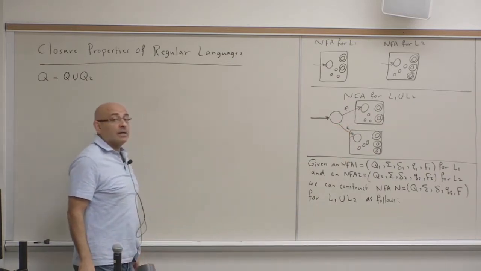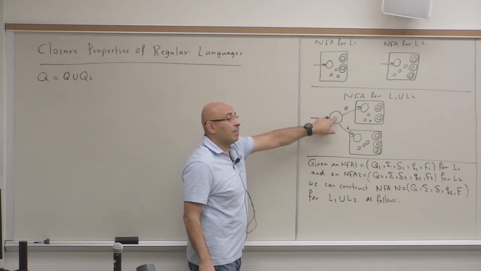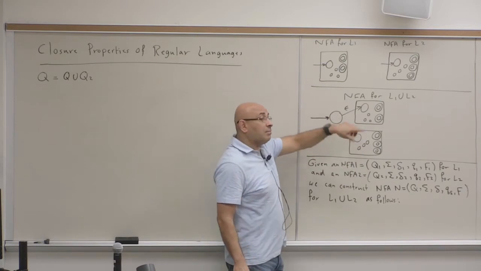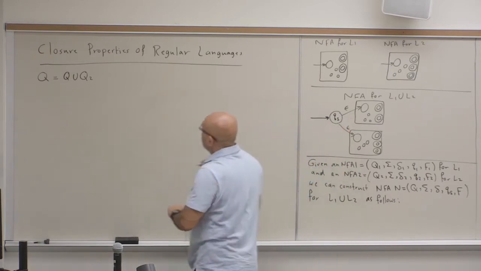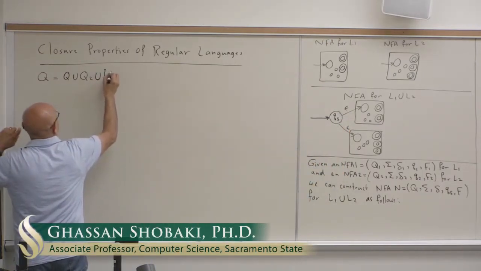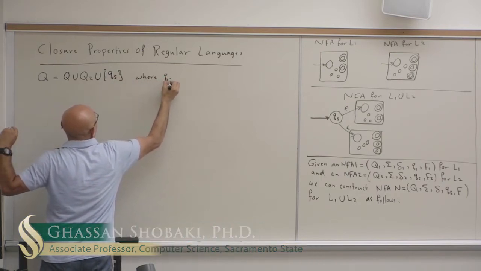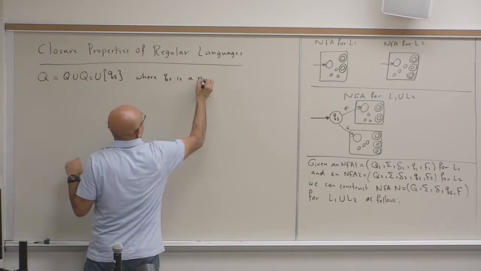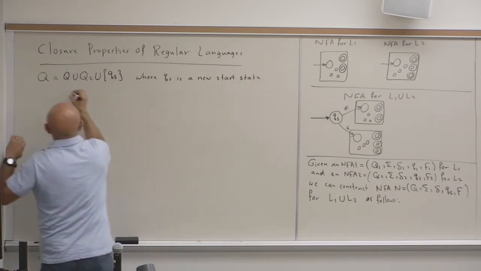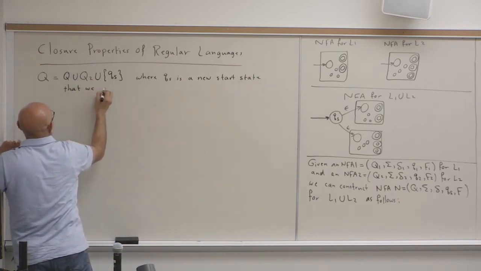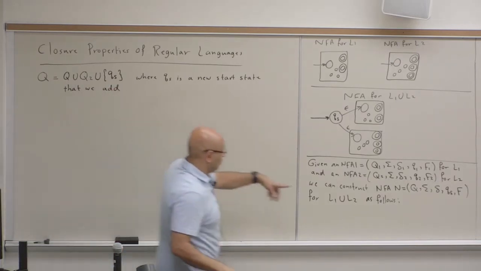No, there's another state. You missed this. Yeah, this does not belong to either Q1 or Q2, so union another state that we have added. So this is our QS. Union QS as a set, where QS is a new start state that we add. This is the relation between Q, Q1 and Q2.